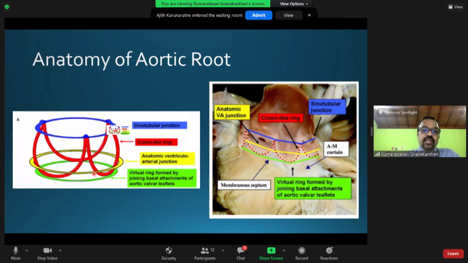A couple of millimeters above that is the anatomical ventricular-arterial junction, where the ventricle meets the aortic wall. The topmost one is the sinotubular junction, where the aortic root becomes the ascending aorta. And there are 3 semicircular rings, which are the attachments of the aortic valve cusps.